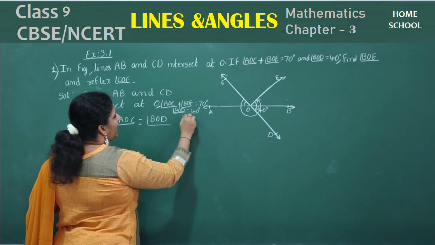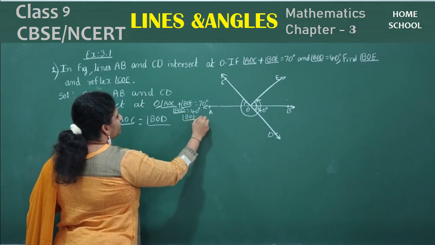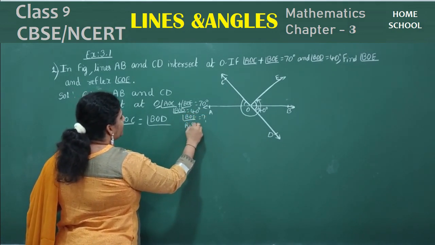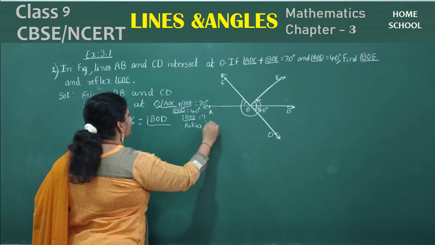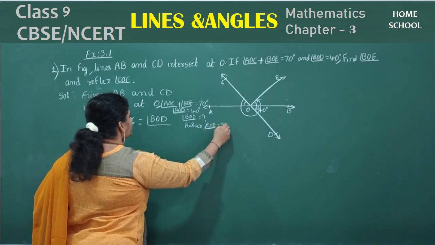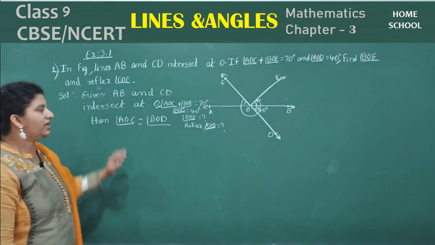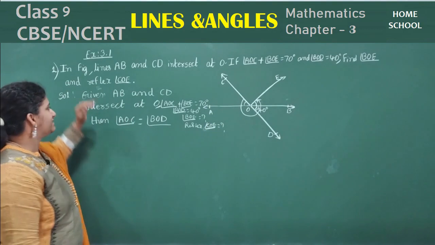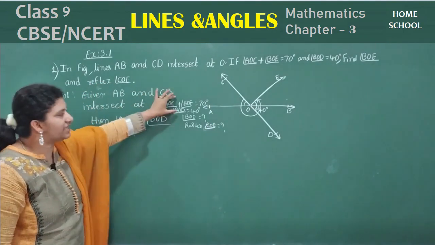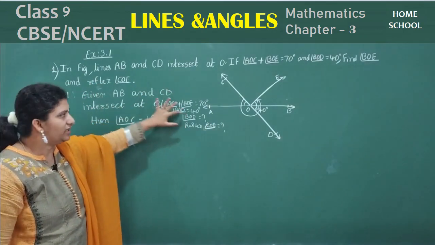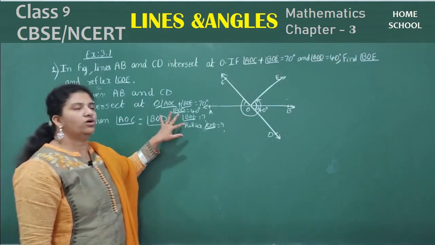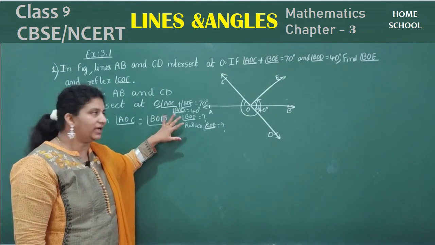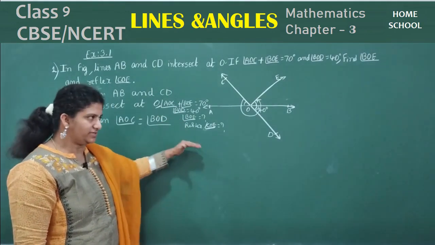So find angle BOE is equal to question mark and reflex angle COE is equal to question mark. So observe here children, in every question, they give given data and what you need to find. These two are given, these two we need to find. So write what we need to find, that also write in your solution first.